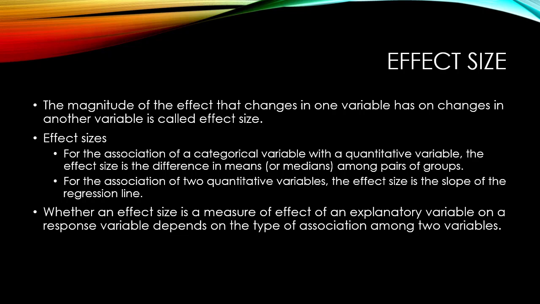Whether an effect size is a measure of effect of an explanatory variable on a response variable depends on the type of association among the two variables. That is, we can have two variables that are related, but really you're not talking about an effect of the explanatory variable on a response variable.